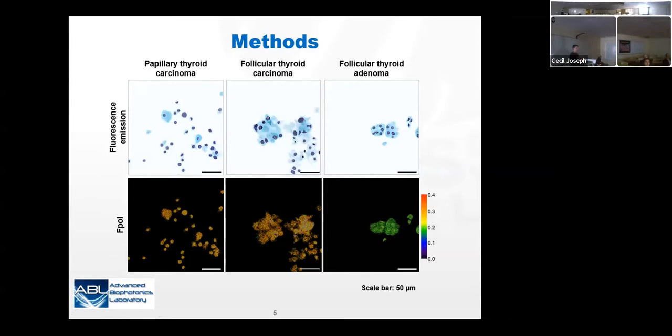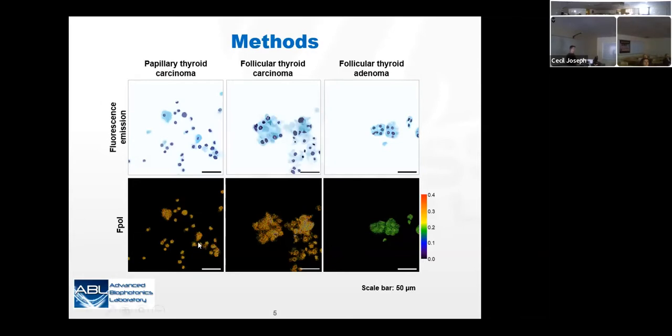What we did is we pseudo-colored the fluorescence emission images from grayscale to these blue and purple colors to mimic Papanicolaou staining, which is a cytological staining procedure that pathologists are familiar with. We did this in order to emphasize the morphological features, and we think it will help the clinicians to analyze the morphology in these fluorescence emission images.